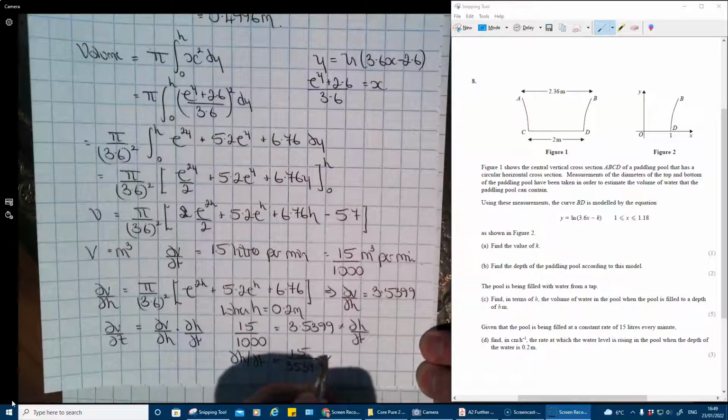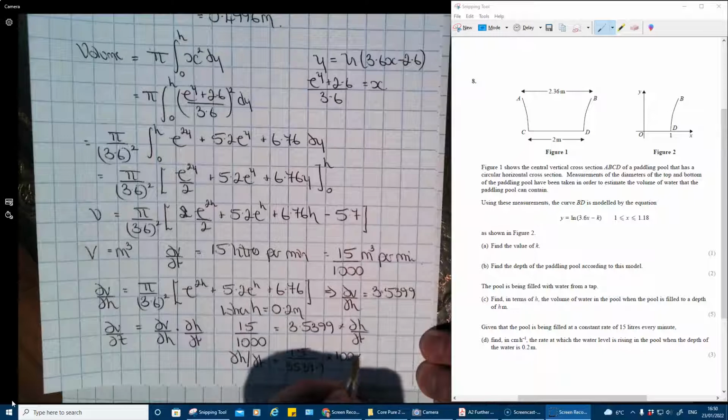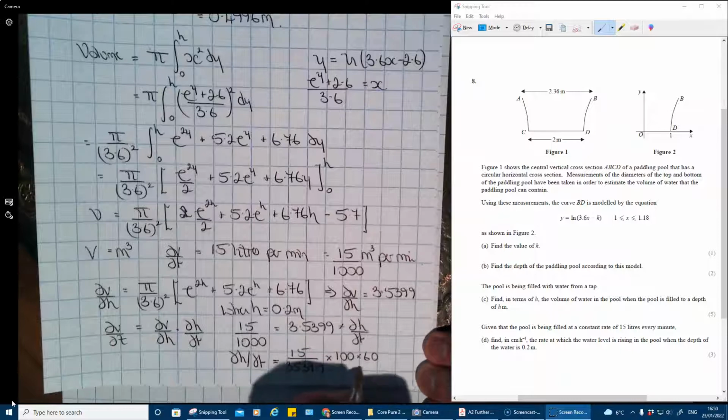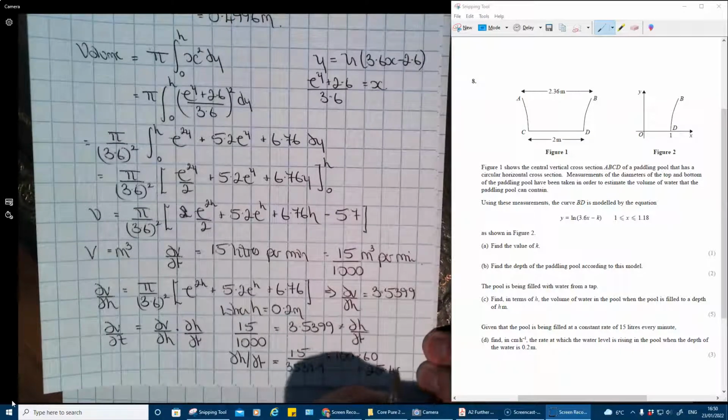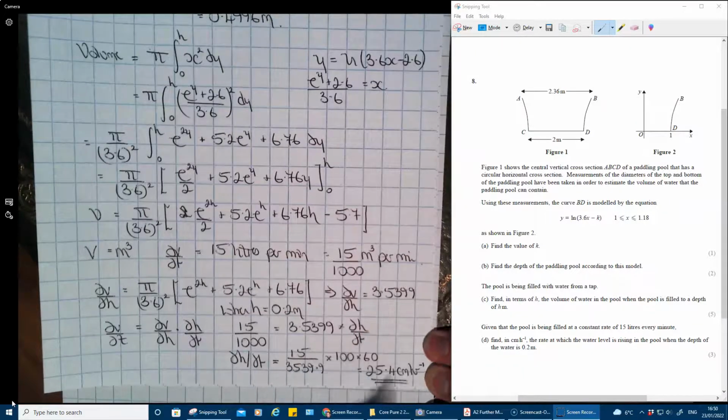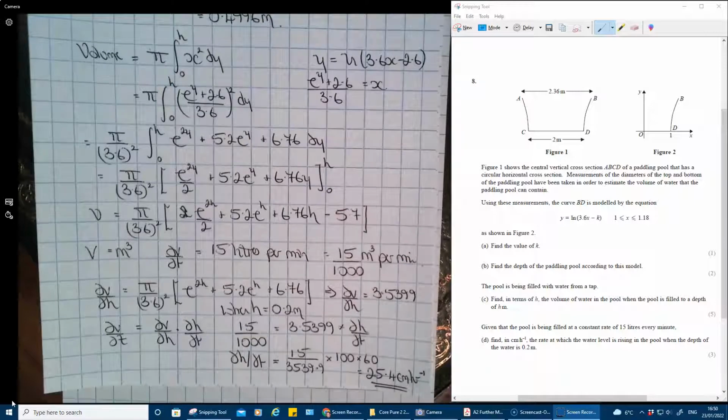So there are 100 centimeters for each meter, and then per hour times another 60. So that should come out as 25.4 centimeters per hour. Got to be careful on this question with the units.